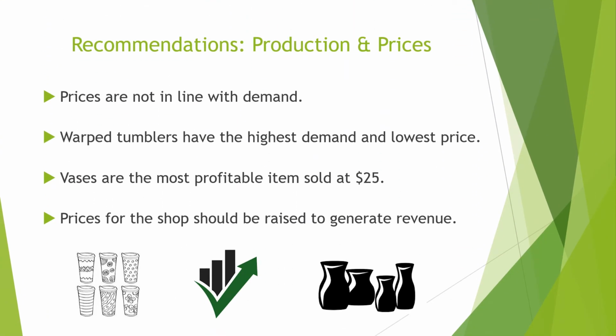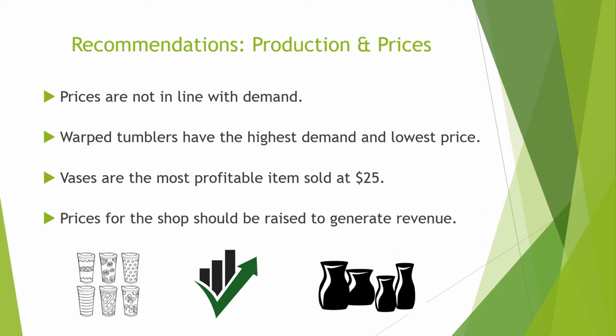Another problem with the business is its current production and price structure. Prices are now not in line with the demand for the products. One of the company's most successful products, the warp tumblers, have the highest demand but are currently selling for the lowest price at the store of any item.